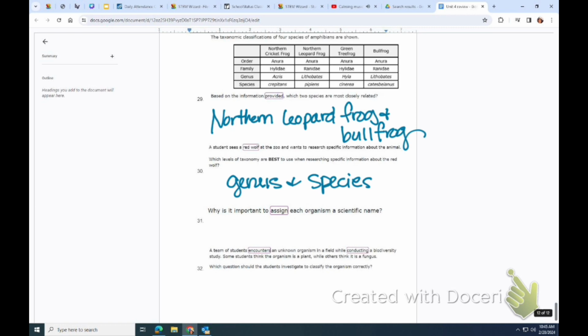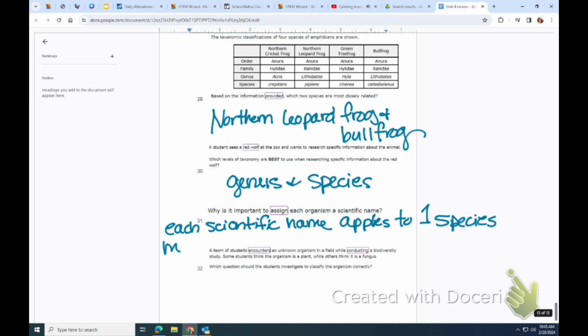So we needed a standardized way to name these things so everybody knows what everybody else is talking about, okay? So each scientific name applies to one species, making it universally identifiable.